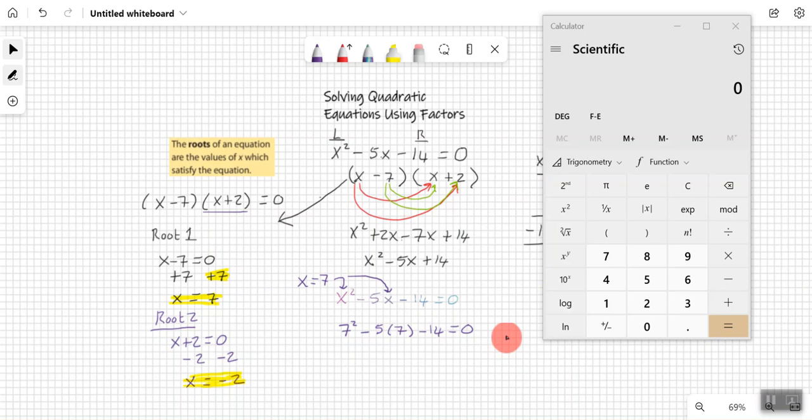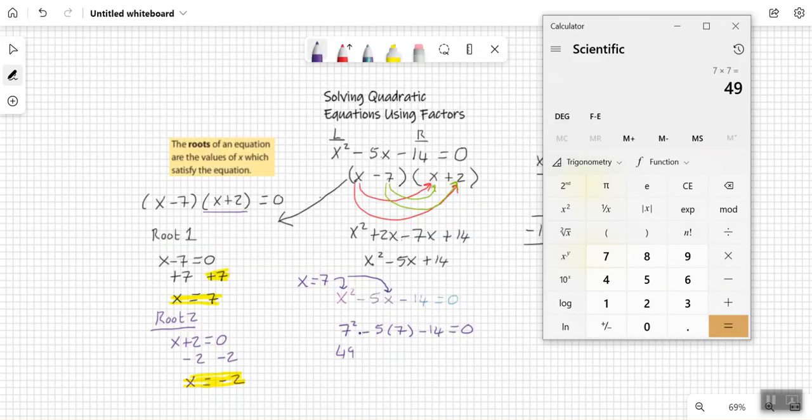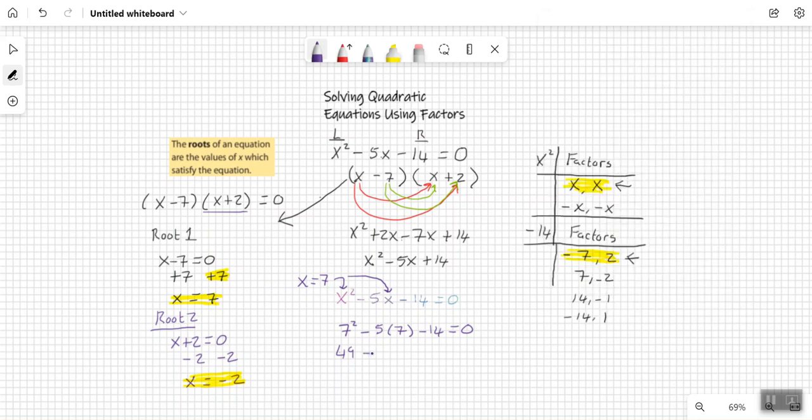So if we use our calculator just to calculate this, 7 squared is 7 multiplied by 7, which is equal to 49. So that is 49. Okay, minus 5 times 7 is equal to minus 35. And then minus 14 should be equal to 0.